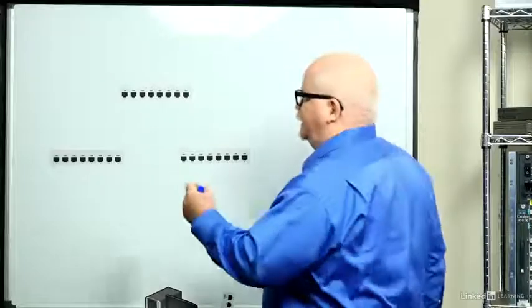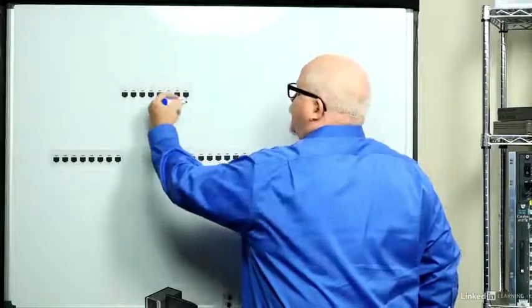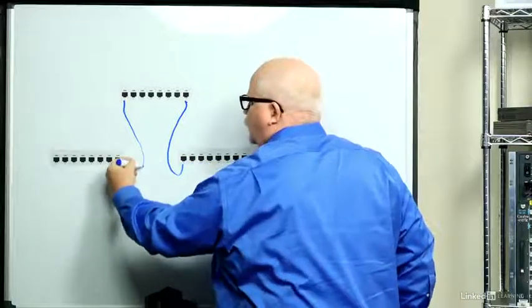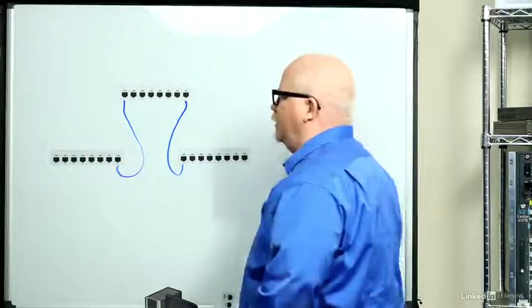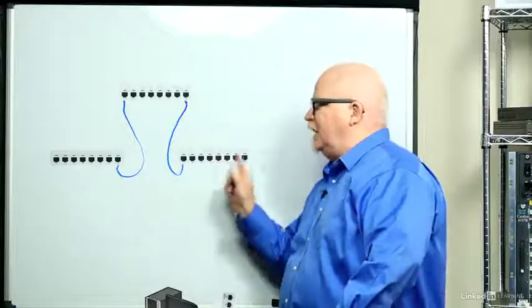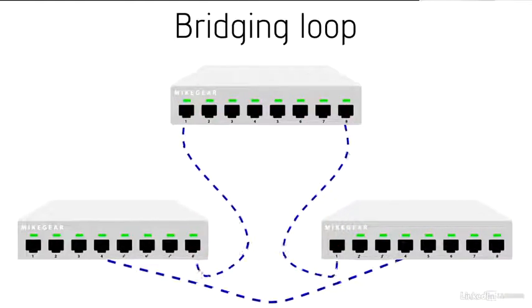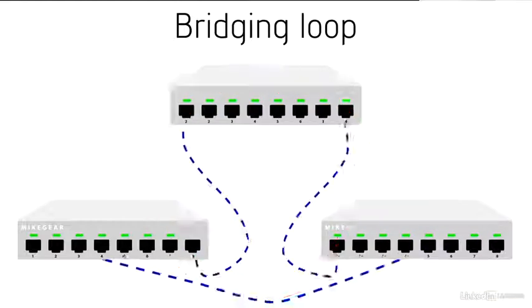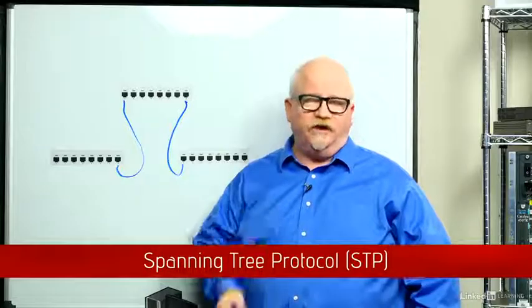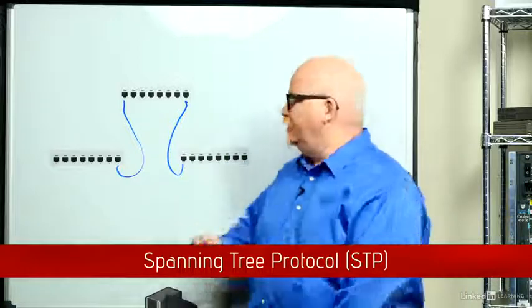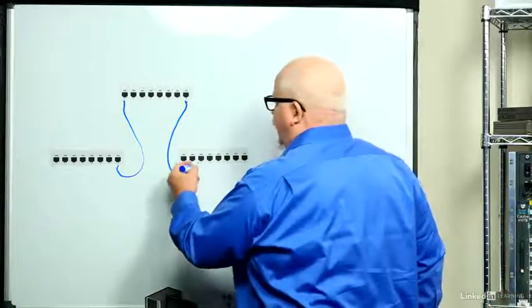The situation is like this. If I'm going to be connecting switches together, I don't want to make a connection between these. That would make what we call a bridging loop, and these are bad things. Now, there is a protocol called the spanning tree protocol, which is built into pretty much all managed switches, which will detect these types of things happening.